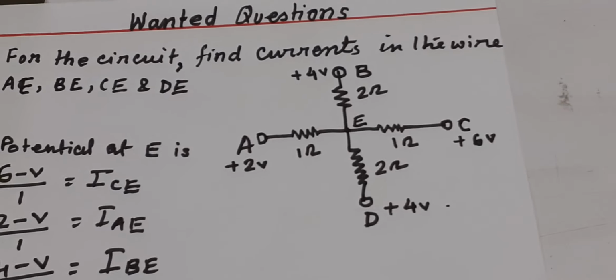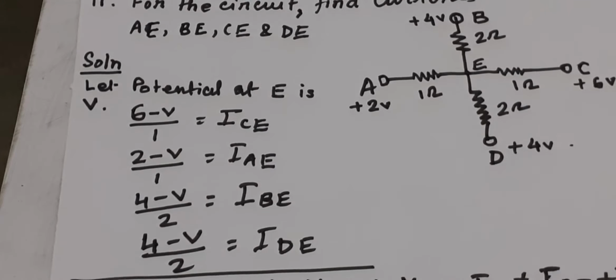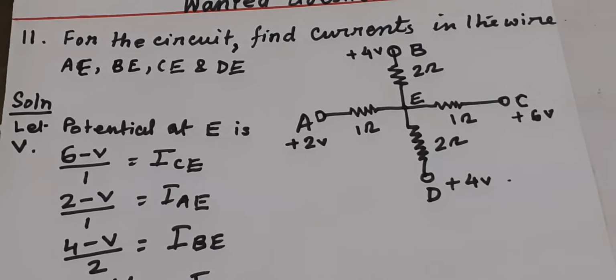potential 6 volt minus V divided by whatever resistance, that is 1 ohm. So it will give current IC. Similarly, for AE we get 2 minus V divided by resistance 1 ohm. So that will be the current IAE.